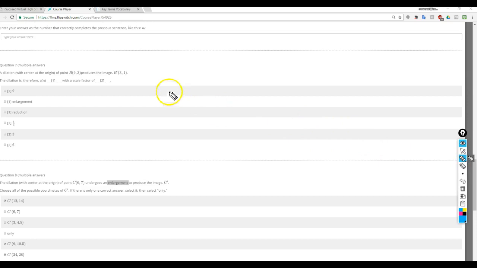This is how I think of it. I started with an original point, B. So I had my x-coordinate at B at 9, and I am multiplying it by something, and I'm ending with an x-coordinate of 3. So 9 times something has to give me 3. Well, 9 times k. In order to solve for k, I need to use the division property of equality.